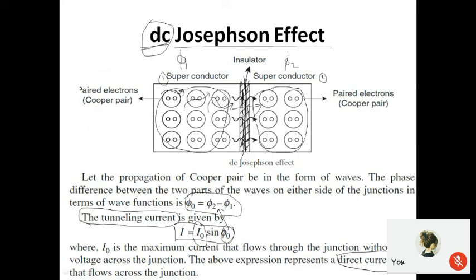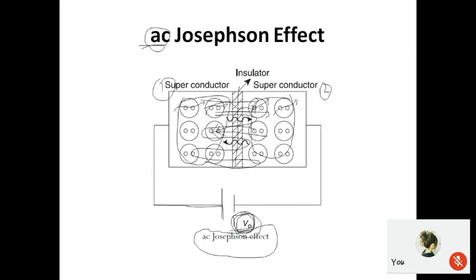But in the AC Josephson effect, we apply a voltage of V naught across the junction. In that case, we get an oscillating tendency of the Cooper pairs, or of the corresponding Cooper pair waves, between 1 and 2, due to which an alternating current flows through the junction.